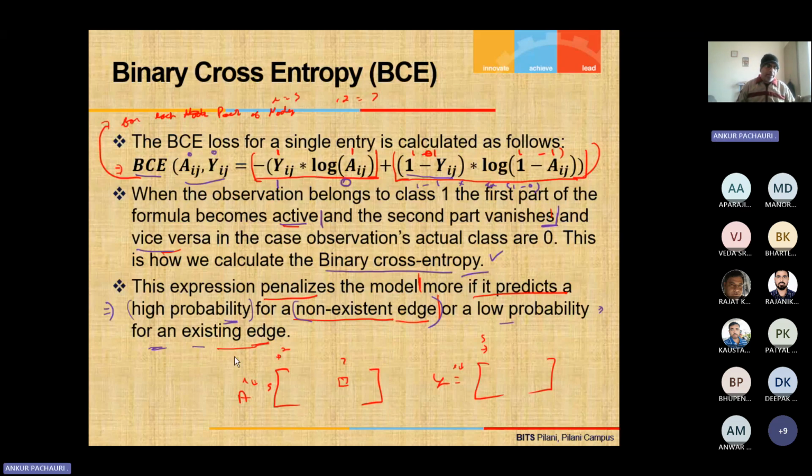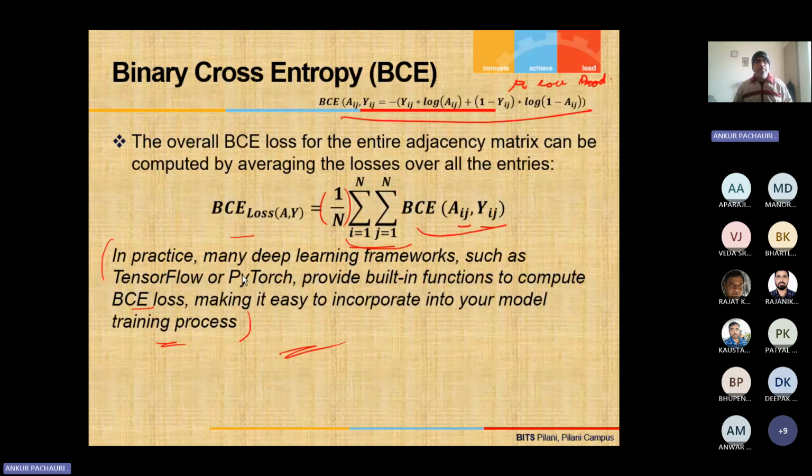When actually there is a 1, the model is predicting 0. When actually there is a 0, the model is predicting 1. In both the cases, the penalty has to be more, and the model should be able to penalize it also. You're giving a wrong prediction.